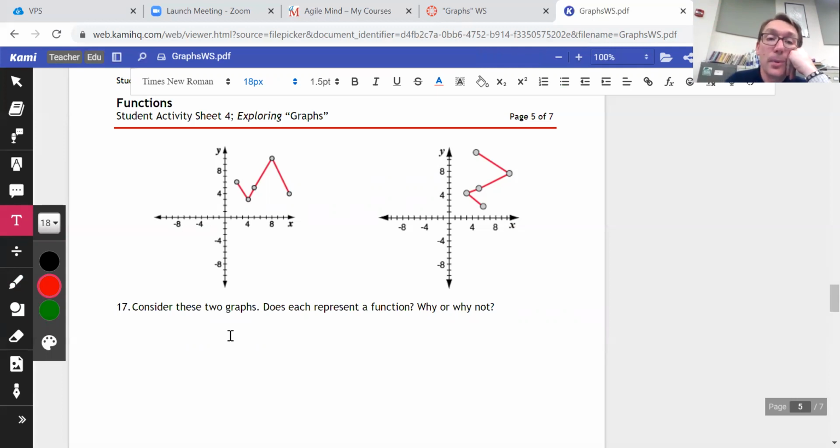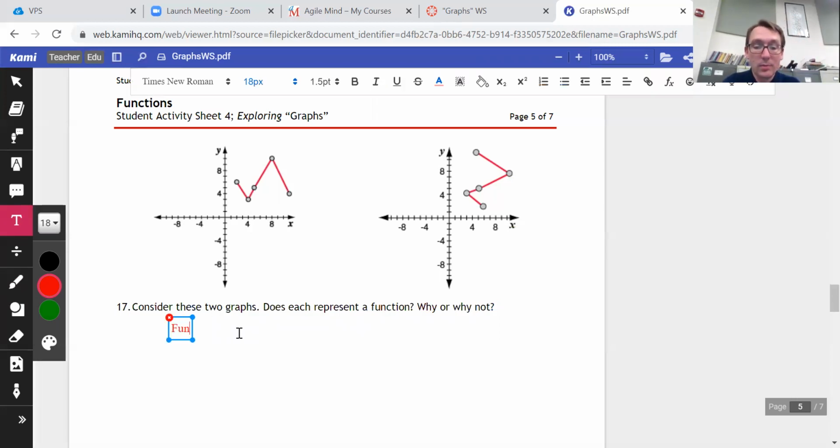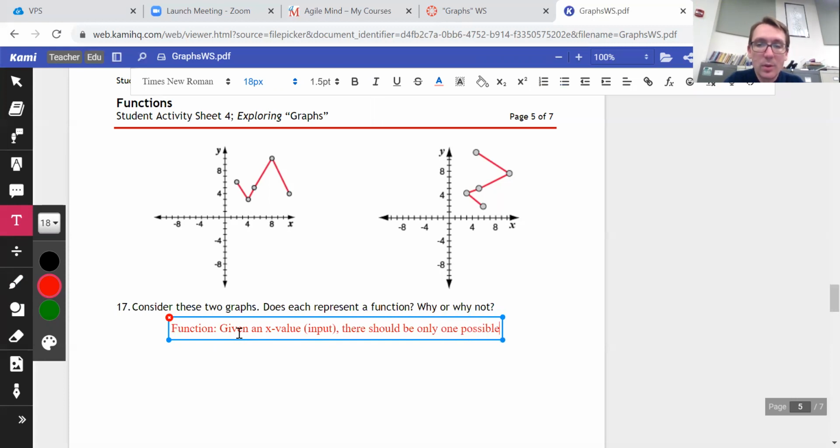All right, so the thing we're looking at here is a function: given an X value, input, there should be only one possible Y value output. That's what we're looking for.